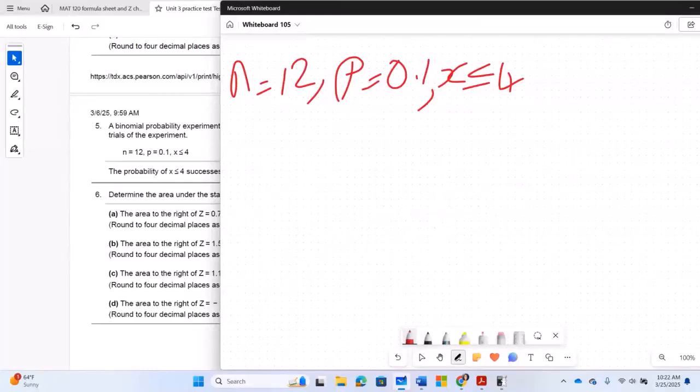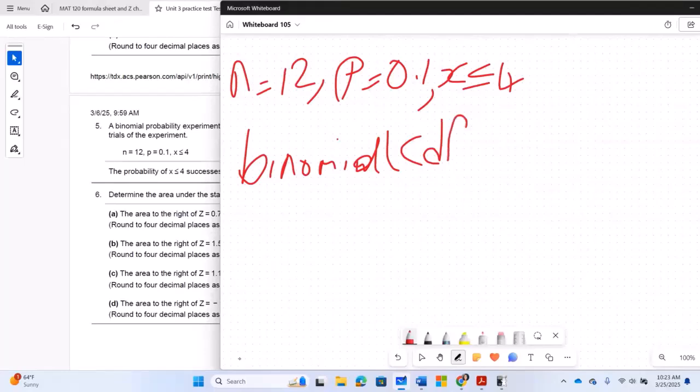I am going to be doing the cumulative density function. So I'm going to do binomial CDF, cumulative density function. Why? Because I'm cumulating from 4 to 0.